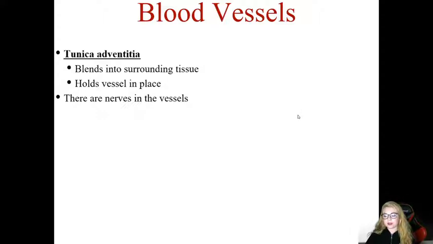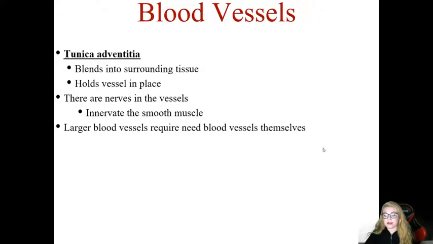Larger blood vessels require blood vessels themselves, because although blood vessels carry blood and nutrients and oxygen, they themselves are a tissue. They are made up of cells, so they also require nutrients like any other type of cell in the body. They are composed of living tissue and what's called the vasa vasorum.